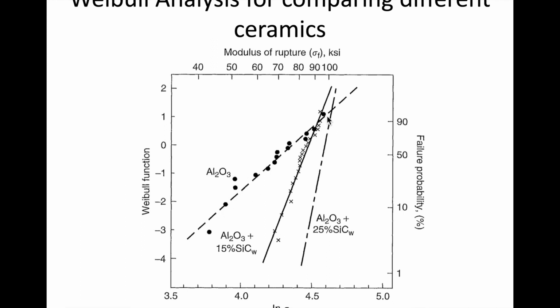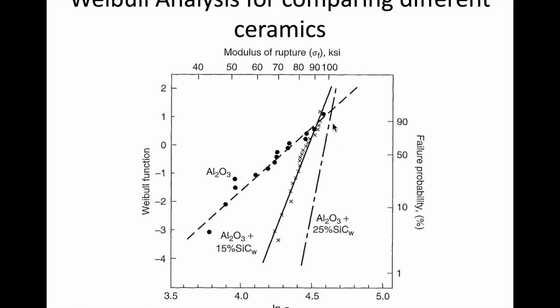So the slope in our two-parameter distribution, the slope m, the Weibull modulus, tells us about how close together the data is. So this is a very low number m, and it tells us that the data is really spread out, as opposed to the one over here, the Al2O3 plus 25% silicon carbide whiskers.